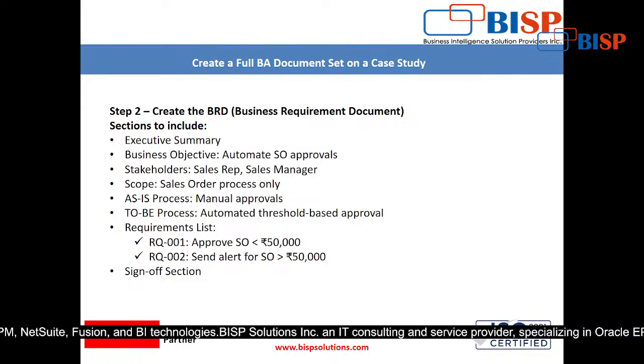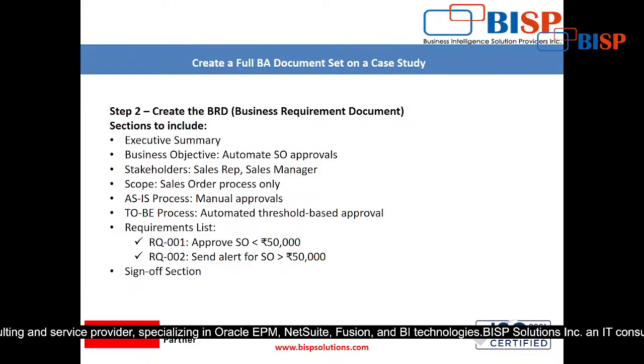Then the scope: sales order process only, right? The scope of this is the sales order process only. That means we will focus completely on the sales order process. If anything is related to item or customer, we will not focus on that, right?